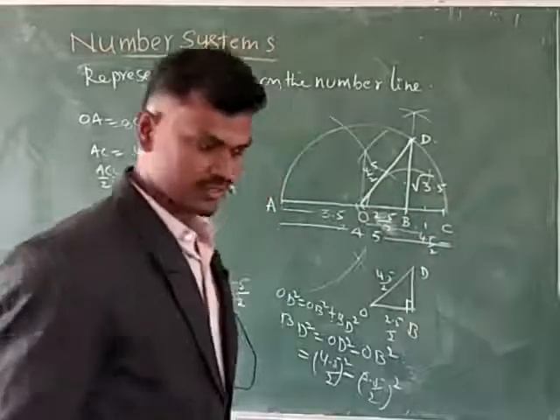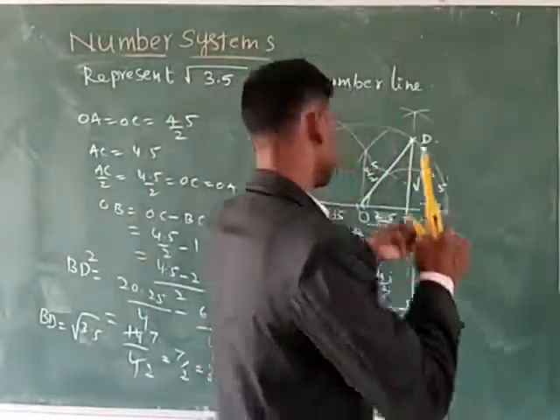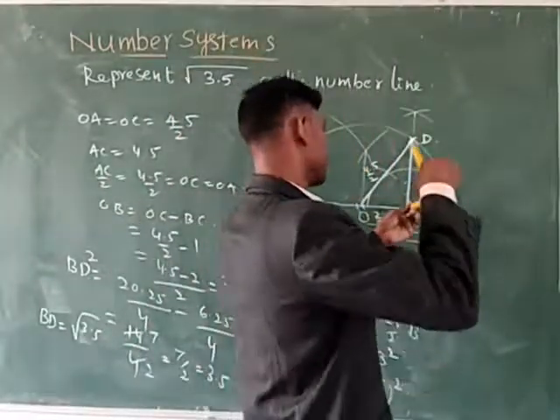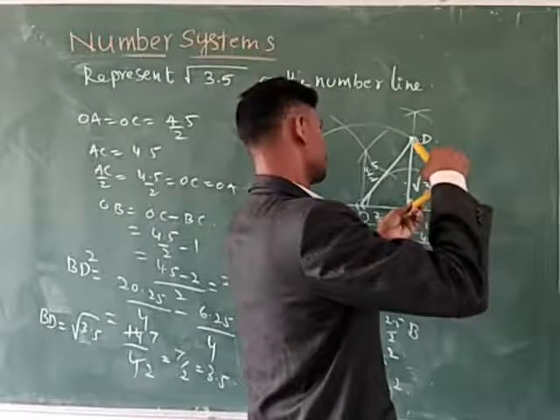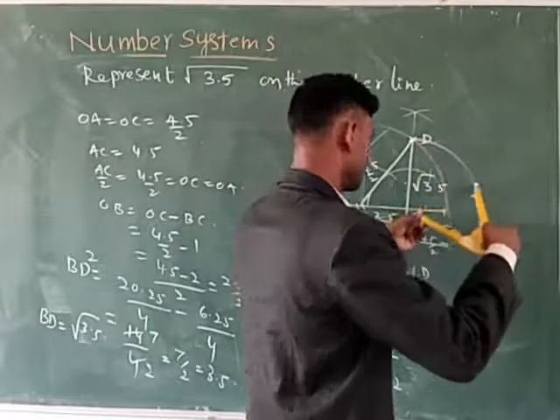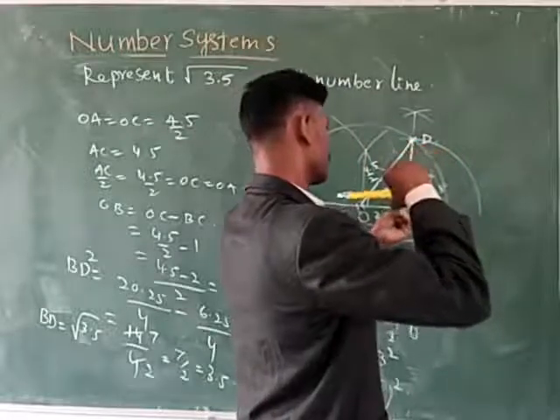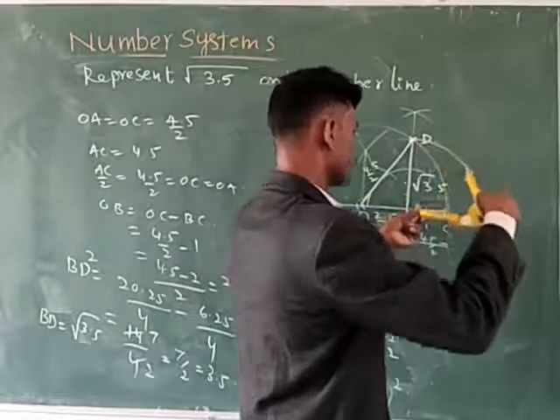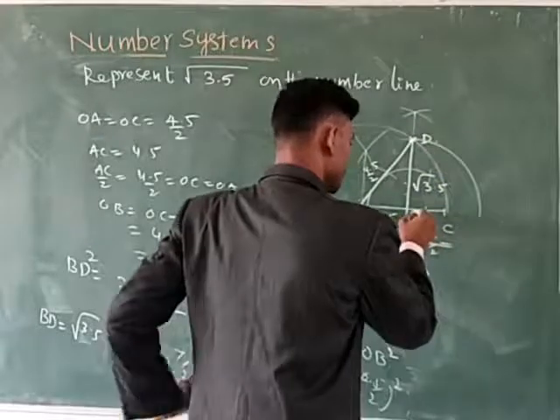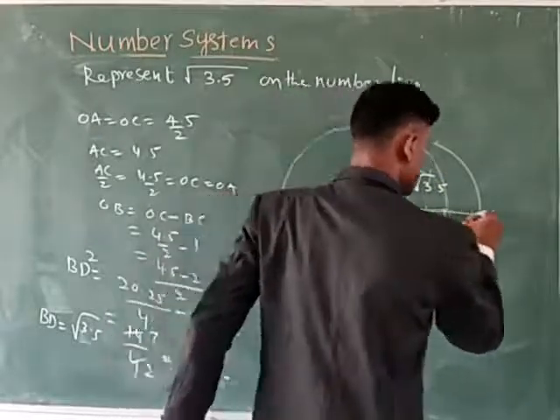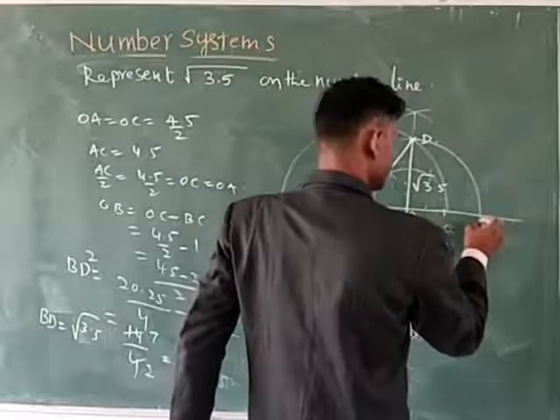Now this radius, BD equal to under root 3.5, you have to take and draw one arc. This is an arc, or this is a semicircle. This side also you can draw, no problem, but compulsory you have to draw this side only. Why? Because this is the origin 0. This is 1 unit, and this is 2 units.